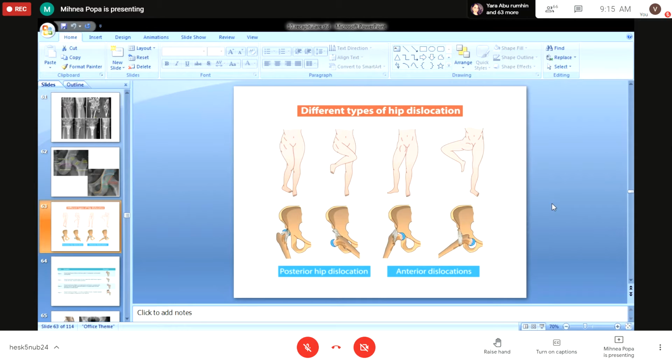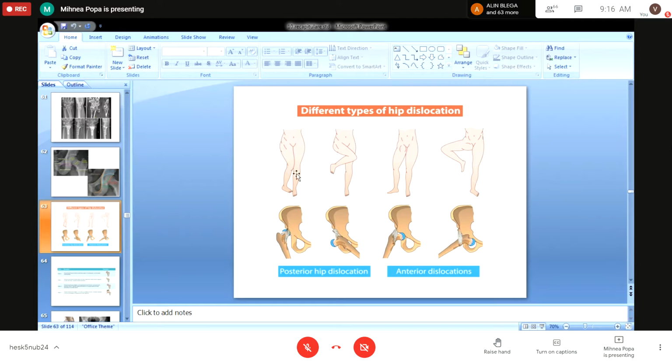If we have a posterior luxation, as you can see in the first image, it can be superior or inferior. And always when we have a fracture or a luxation in the posterior part, then the lower limb will be in internal rotation and adduction, as you can see.